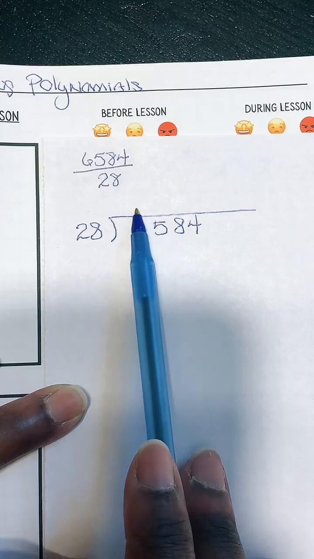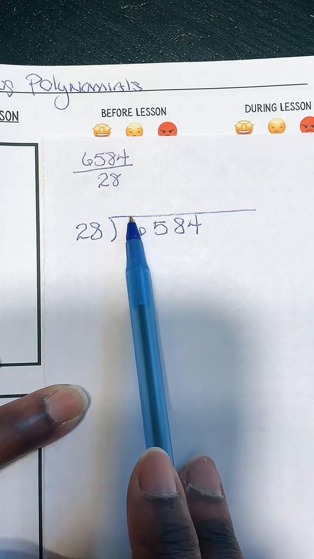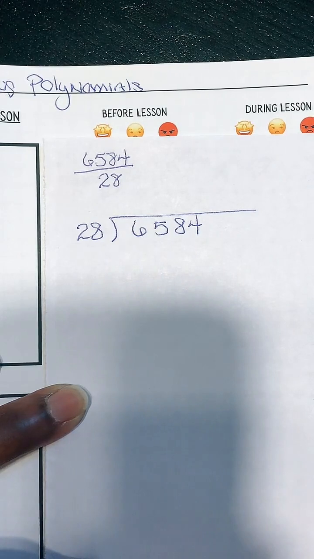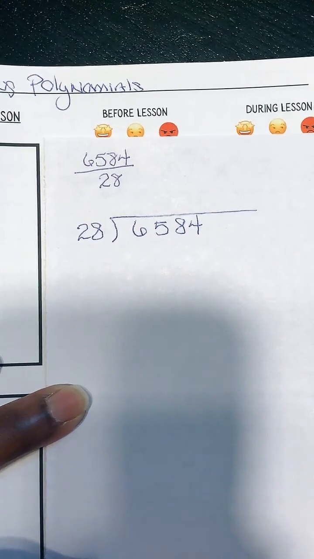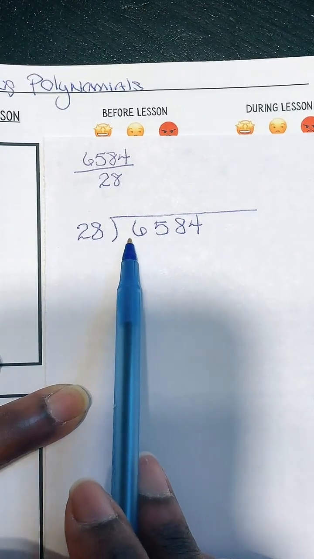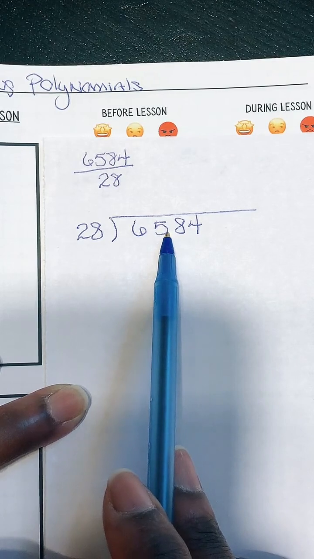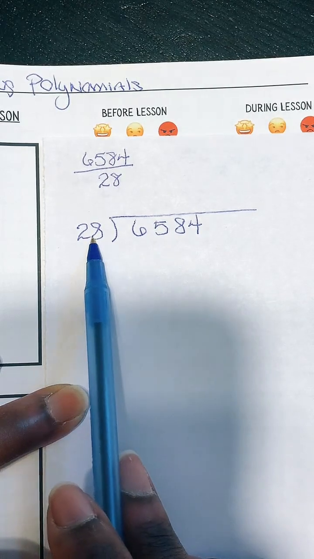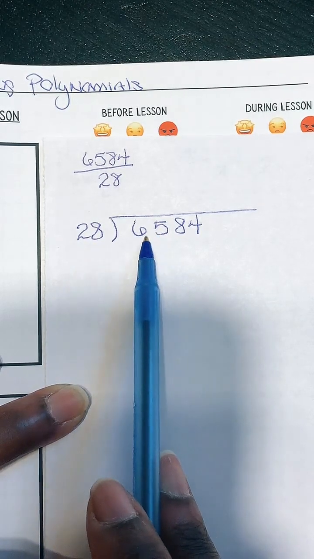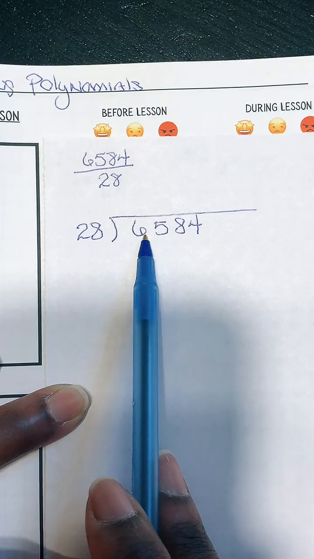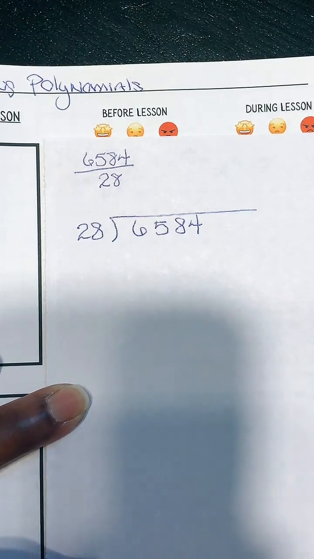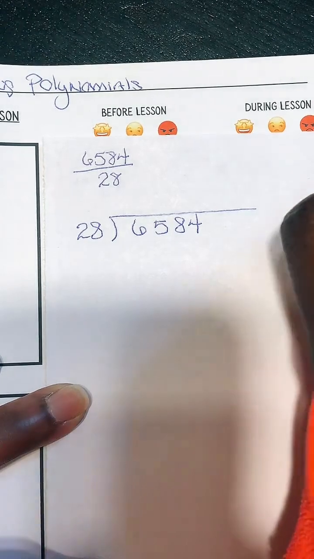So some people like to put a 0 up top here. It's just not necessary, all right? So instead of looking at 6, let's look at 65. All right, that sounds a little more promising. So we want to know how many groups of 28 can go into 65 without going over.